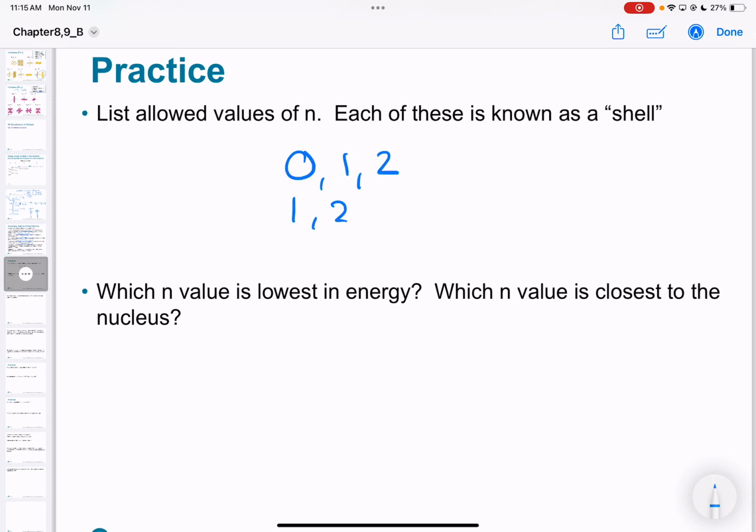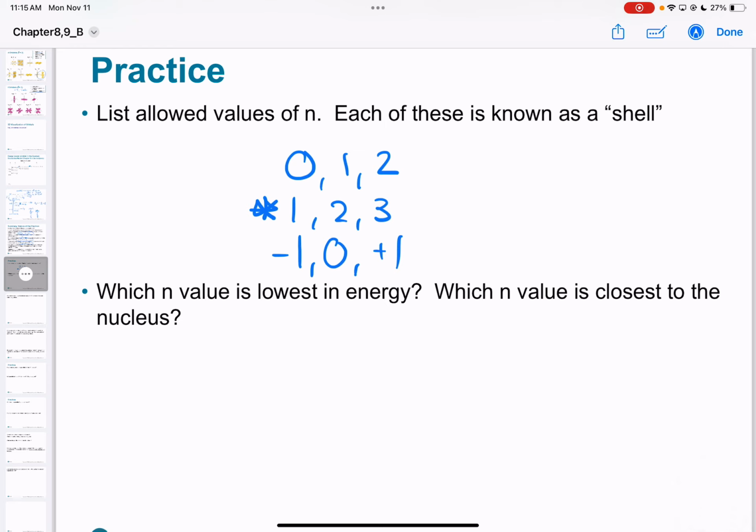I could say 1, 2, and 3, or I could say negative 1, 0, and positive 1. Okay, so let me restate the question. Select which of these shows the lowest 3 energy n levels. Okay, so it's this one.